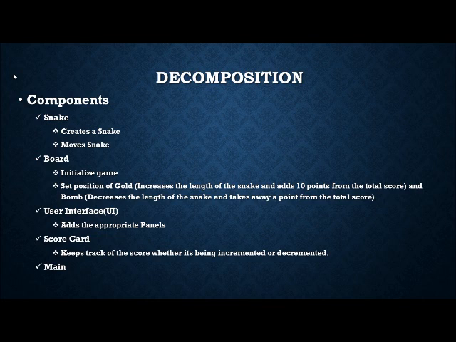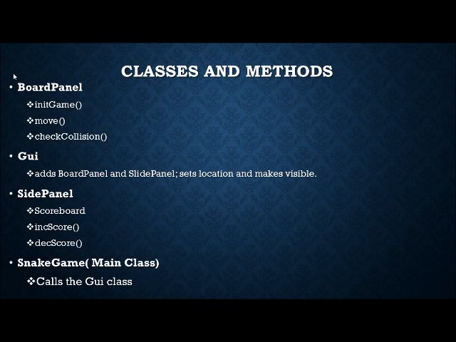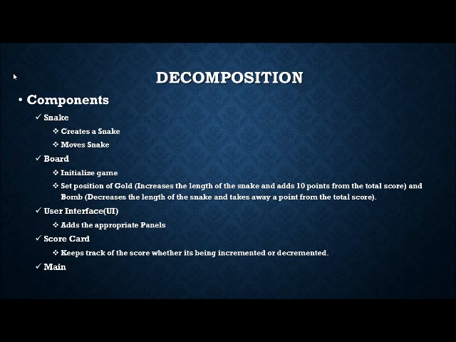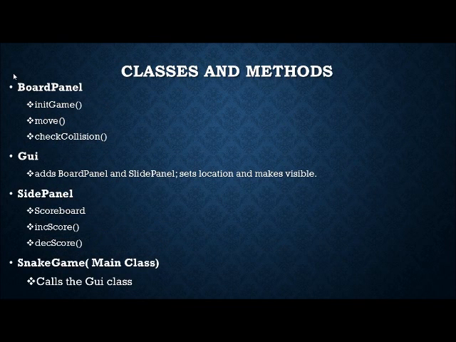Now for the breaking down of these components, we turn them into classes with attributes. So versus the last slide where we have 5 components, we turn them into 4 classes where we combine snake with board. So board now has the task of creating a snake, moving the snake, dealing with collision with the snake and the bomb, initializing the game and stuff like that.